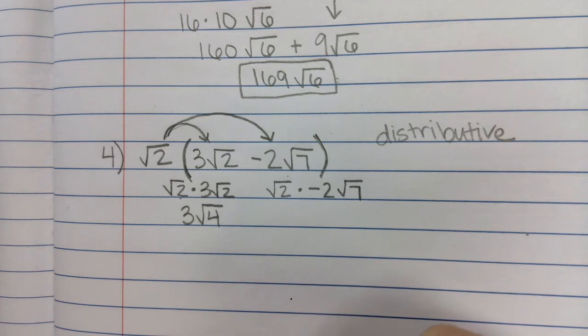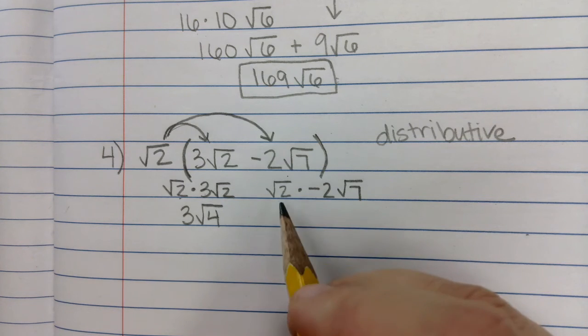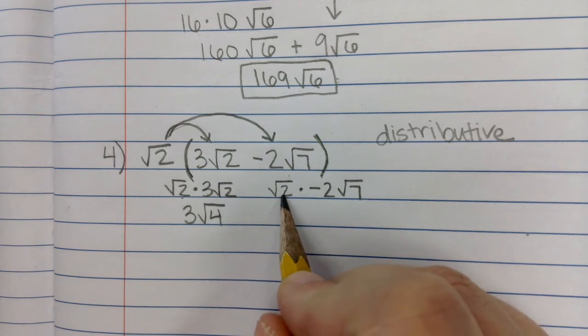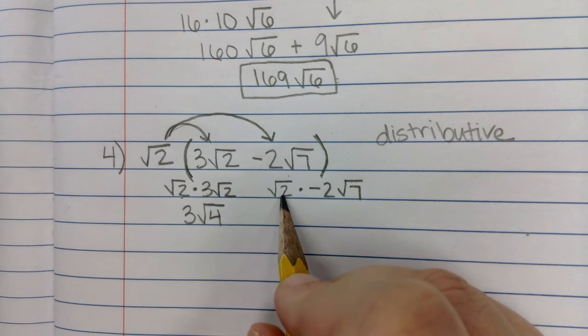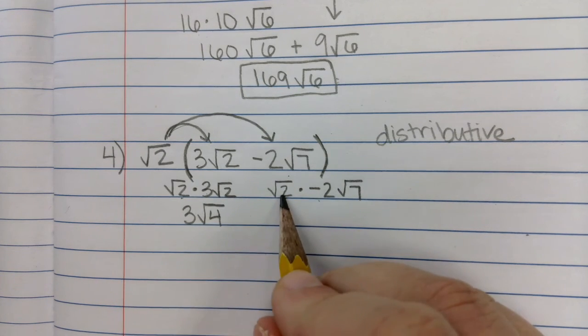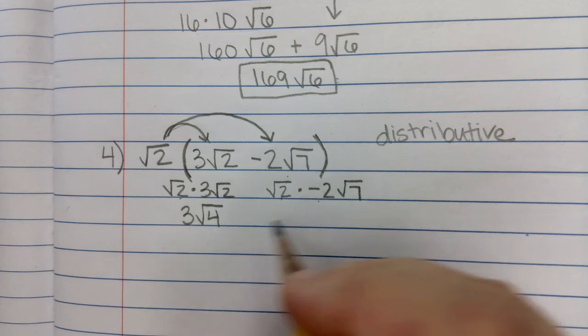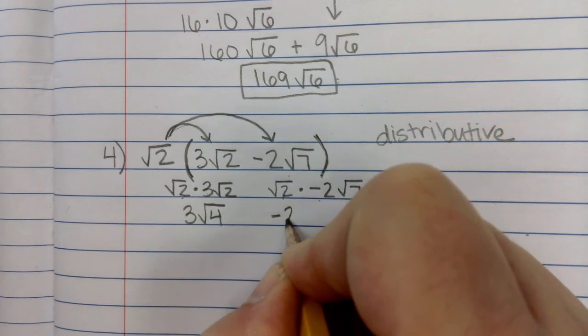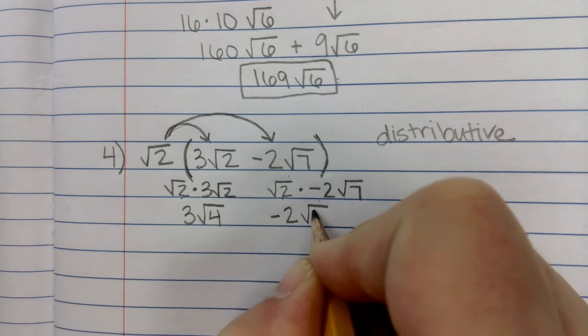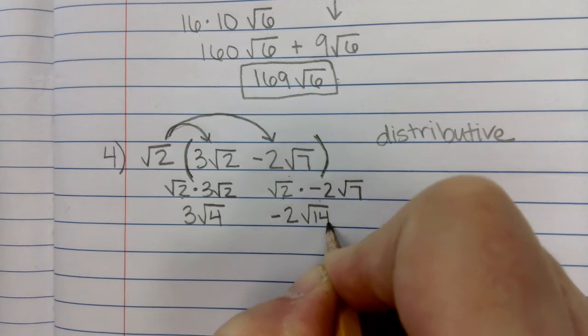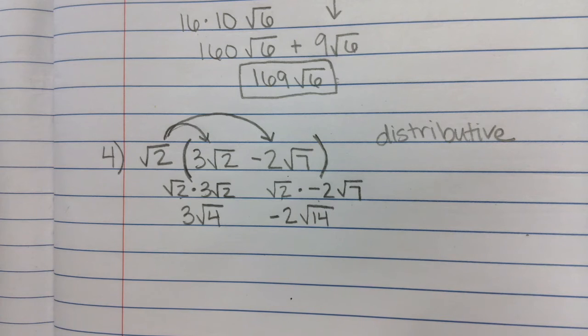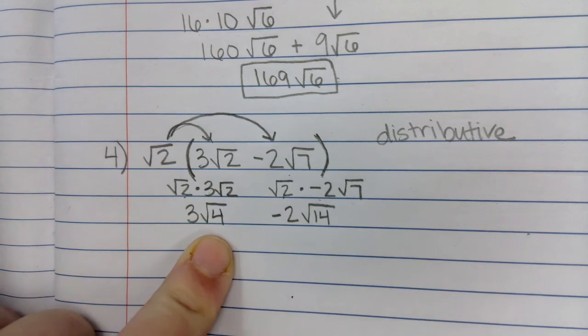So I have 3 square root of 4. So I'm going to go back to that pink sheet with that square root of 4. Is there anything I can simplify that square root of 4 as? Oh, whoa. It's an actual perfect square. What is the square root of 4? 2. So this is really 3 times 2. And 3 times 2 is 6.